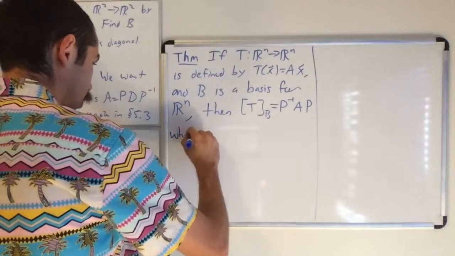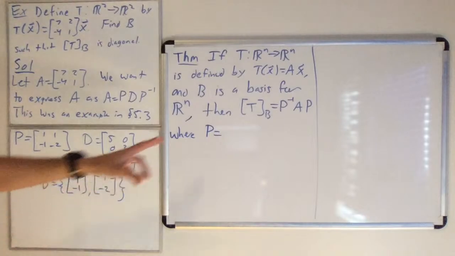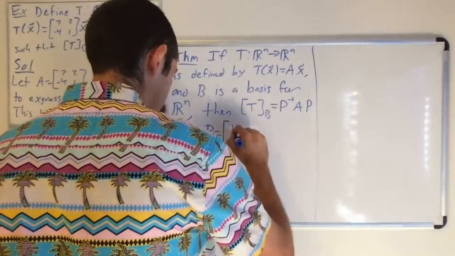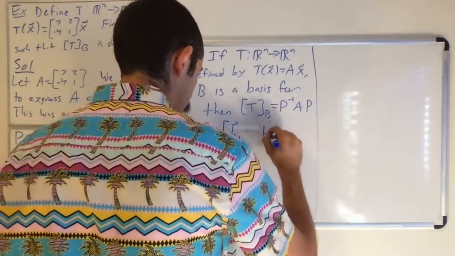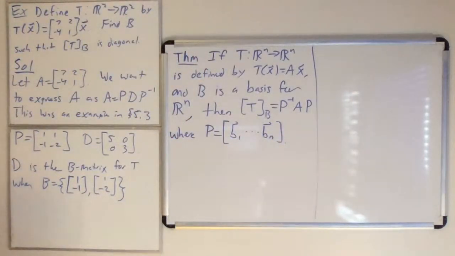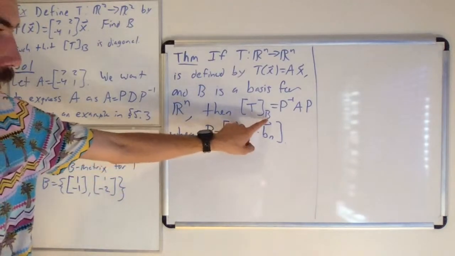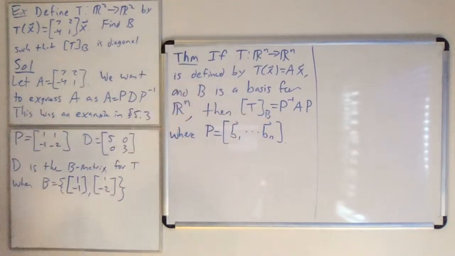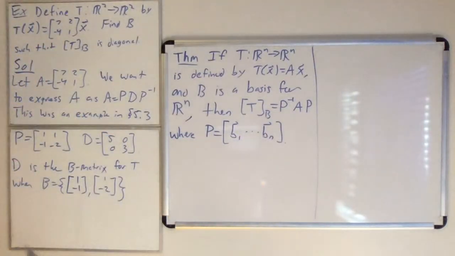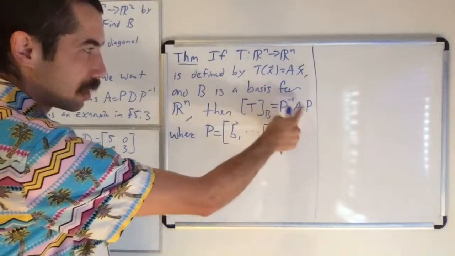Where P is the matrix whose columns are the entries of B. Okay, and so if I asked a question like, find the B matrix of a transformation, and I gave you the basis, you would just use this fact. So you'd have to find P inverse. You're already given A, and P is really easy to compute. So it basically comes down to finding the inverse.